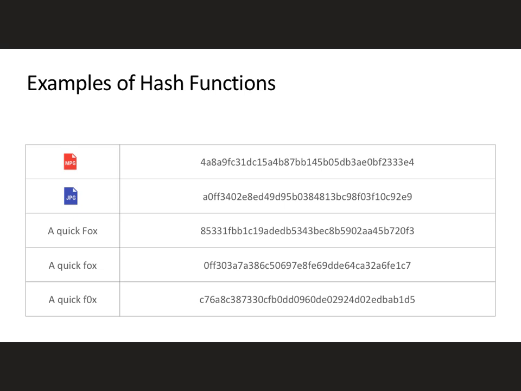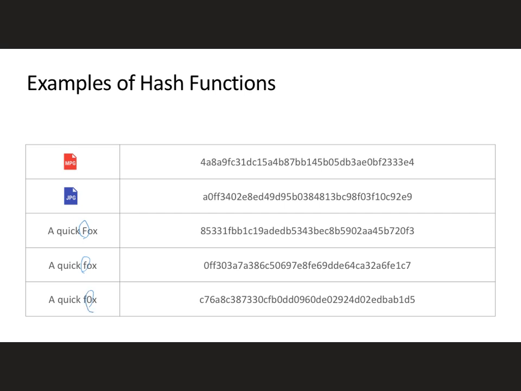Notice these three sentences here. The first one has uppercase F, the second one has lowercase f, and in the third one, the letter O has been replaced by the number 0.